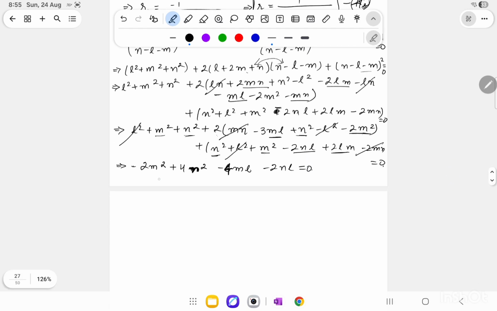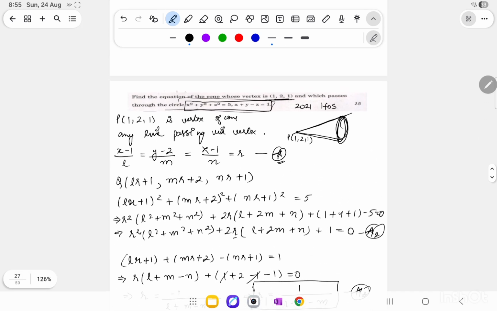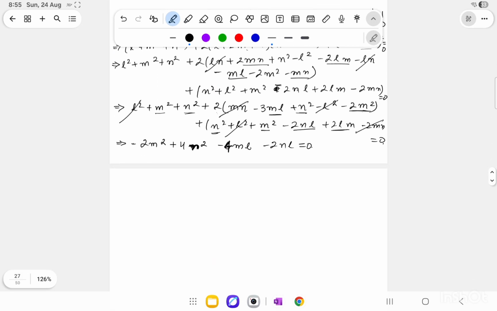So if we just eliminate these values of m, n, mn and l, we'll basically get the equation of cone. We can eliminate the values of m, n and l here because they are in the same ratio, so I'll get 2 into y minus 2 square plus 4 into z minus 1 square minus 4 into y minus 2 into x minus 1 minus 2 into z minus 1 into x minus 1 is equals to 0.